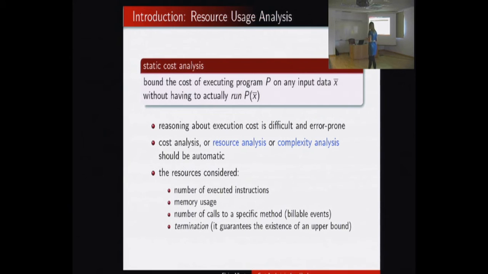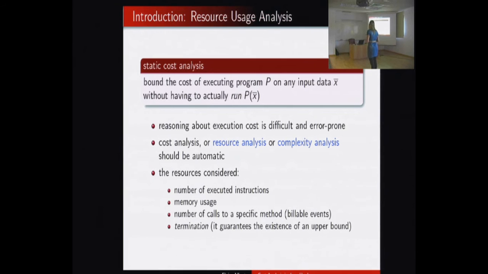Like, for example, the number of executed instructions. Those can be source-level instructions or bytecode instructions. And we can also instantiate it with memory usage. If we ignore the garbage collector, everything works directly. There are also some extensions to handle garbage collection during static analysis, but I will not talk about this today.